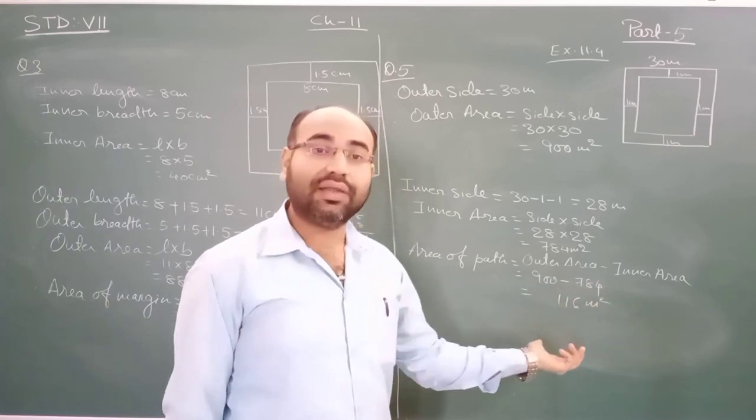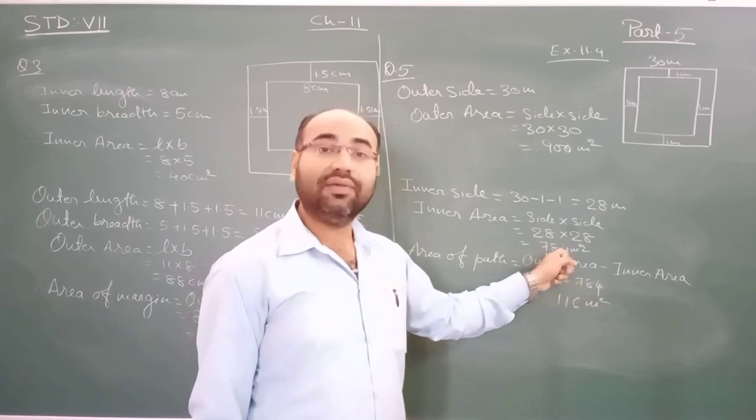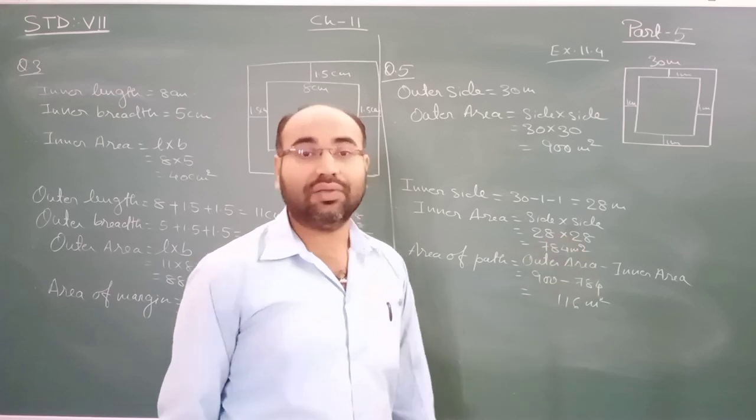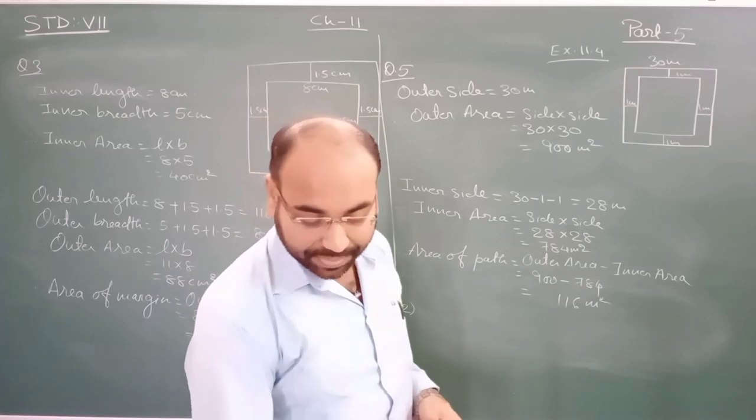So cost of planting grass in 784 meter square, you will get 784 into 40. You have to do it and find out the answer.